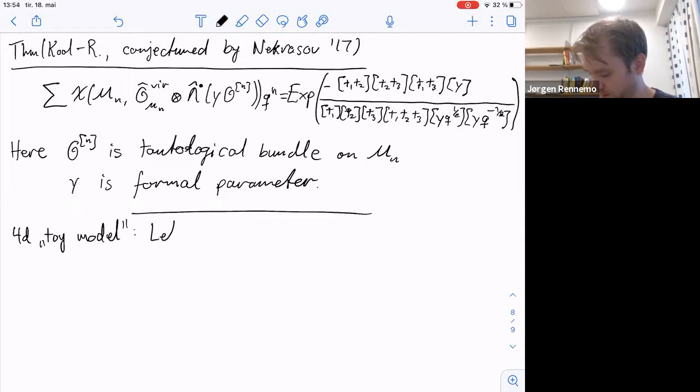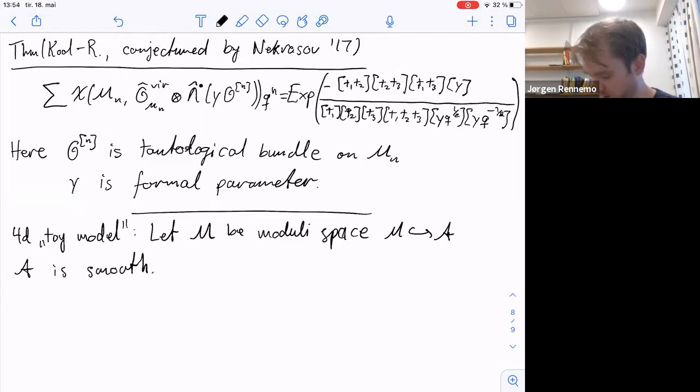Let M be a moduli space that you're interested in, and M is a closed subscheme of A, where A is smooth, and you're given the following data.